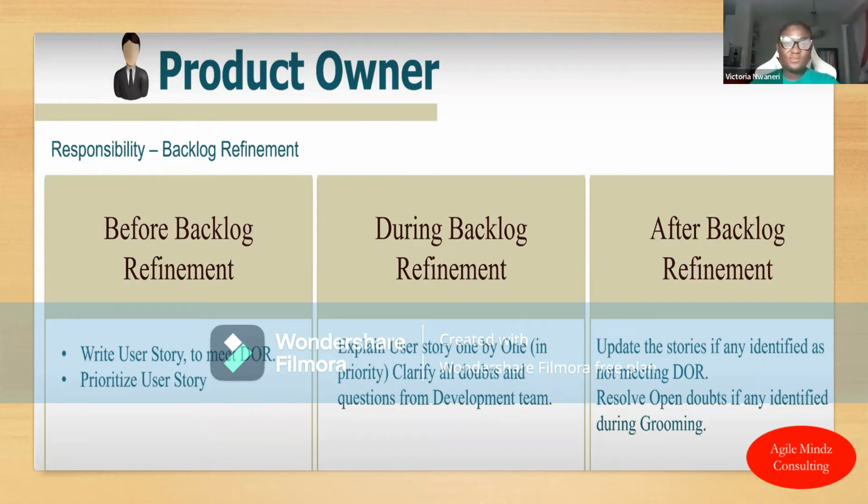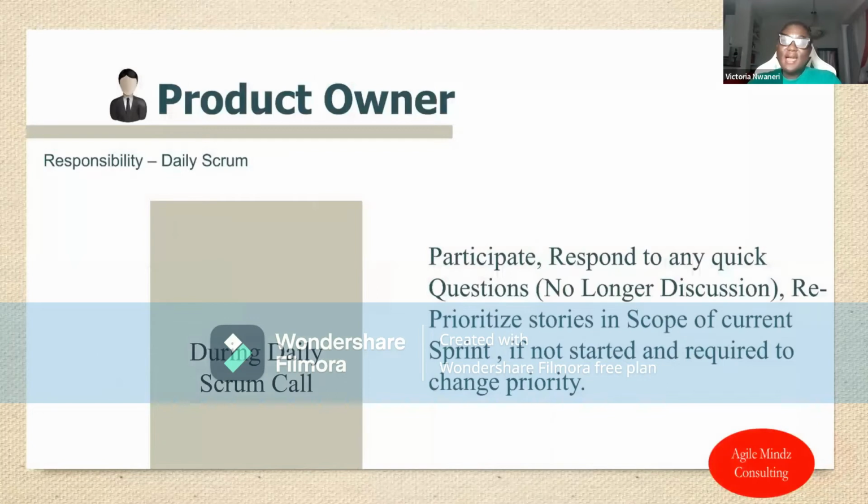Okay. All righty. So now during the daily stand-up, which typically happens when you start your sprints, and typically you do sprint planning before you go into your daily stand-up. When it comes to the daily stand-up, the product owner is not necessarily the one facilitating that meeting.